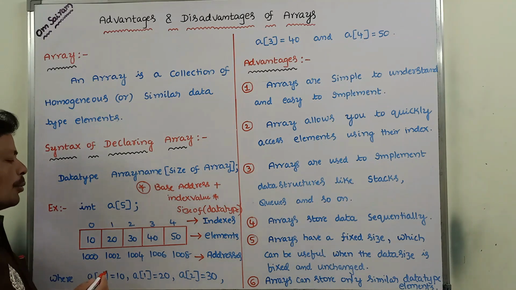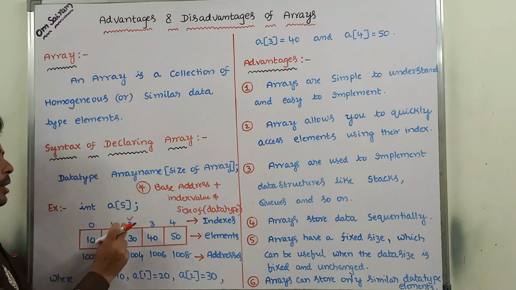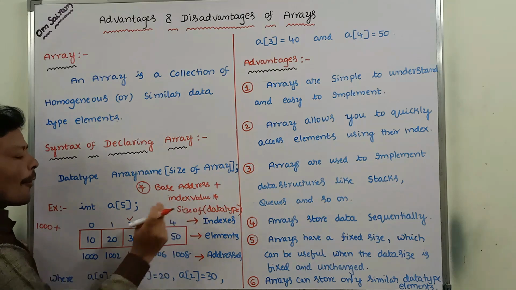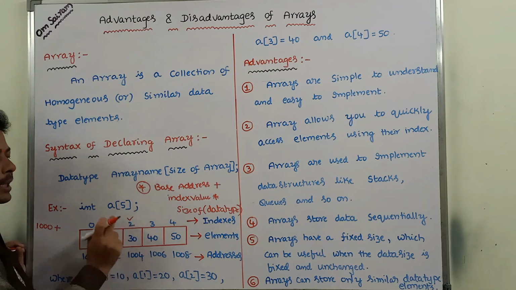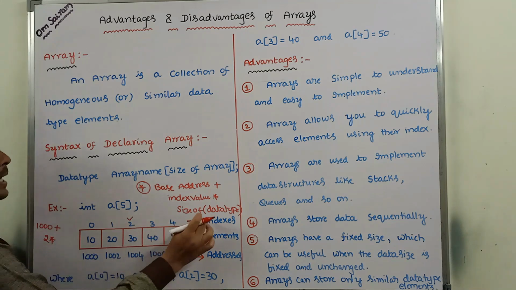For example, let us find the address of element 30. What is the base address? The base address is the address of the first element, that is 1000, plus the index of element 30, that is 2. What is the size of the data type?